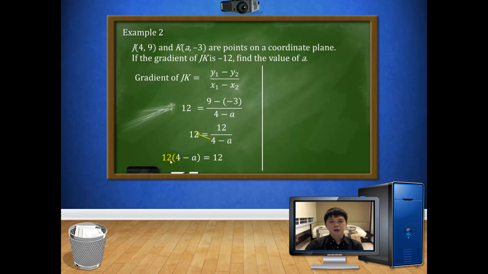By expanding, we will have 48 minus 12A equals to 12. Next, we shall minus 48 on both sides, and hence we will have negative 12A equals to negative 36. Finally, we shall divide both sides by negative 12, and we will have A equals to 3.